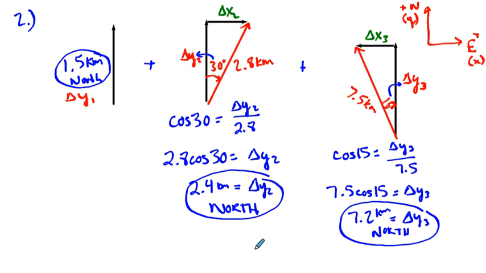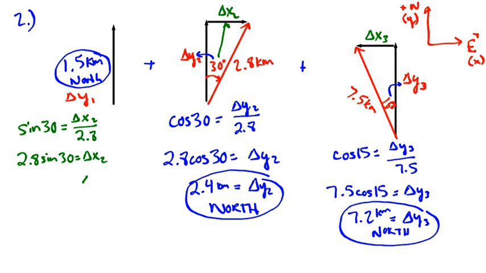All right, all that's left is we have to do some x components. The first one with an x component, which is the second motion, we're going to use sine of 30 is equal to change in x2 over 2.8. 2.8 sine of 30 is equal to the change in his x position from this motion.